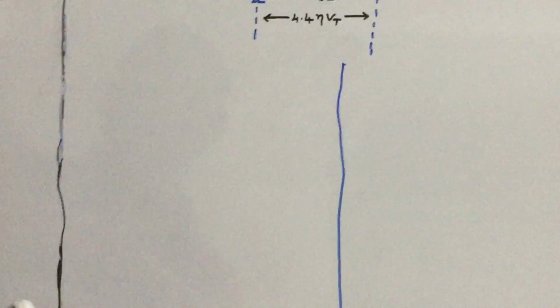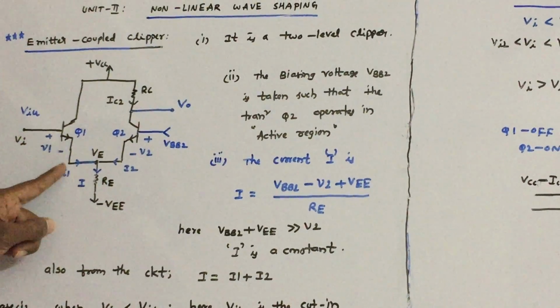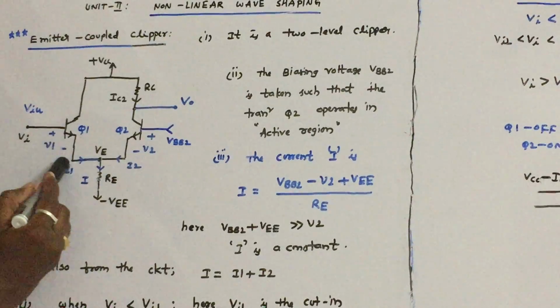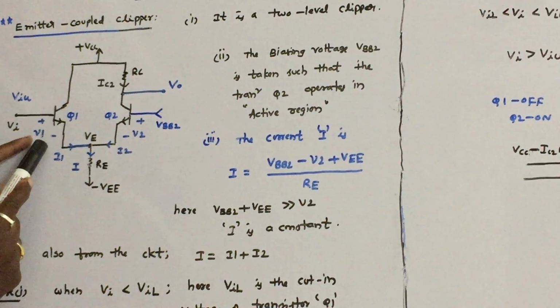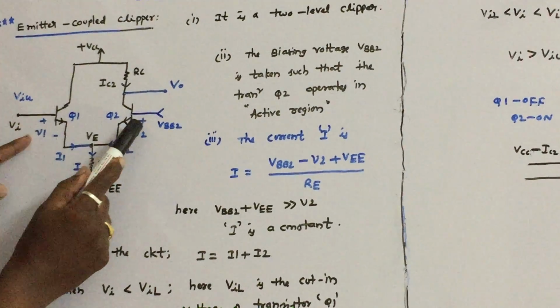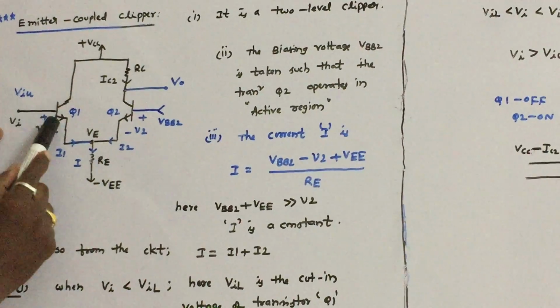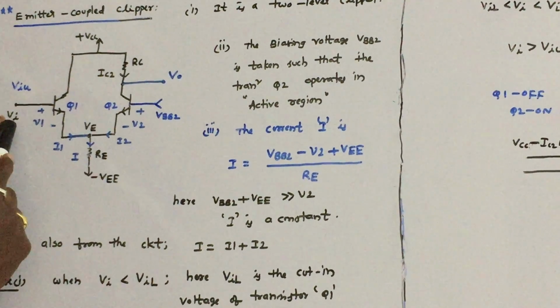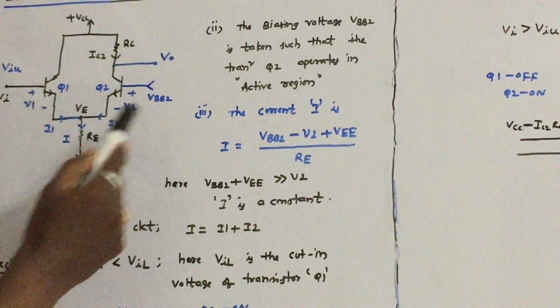Coming to the circuit here, apply KVL to this loop. VI minus V1 plus V2 minus VBB2 is equal to 0.